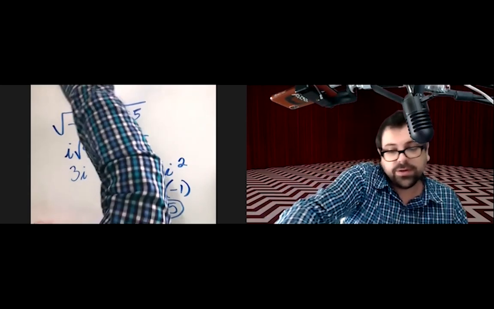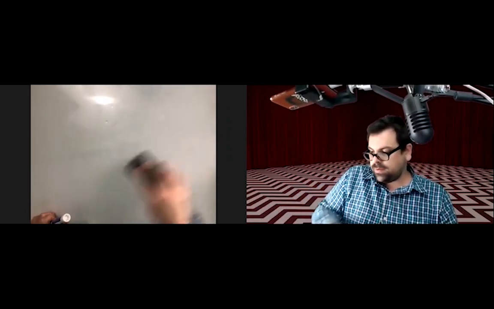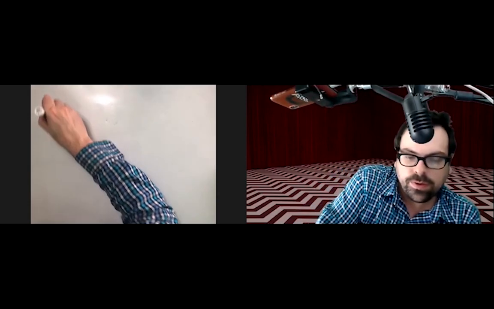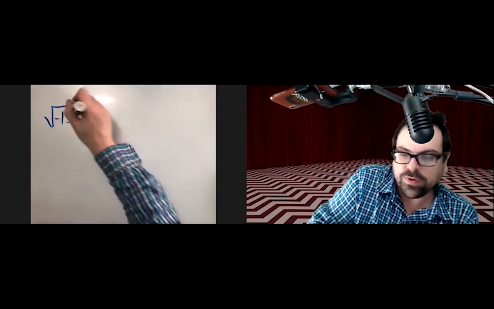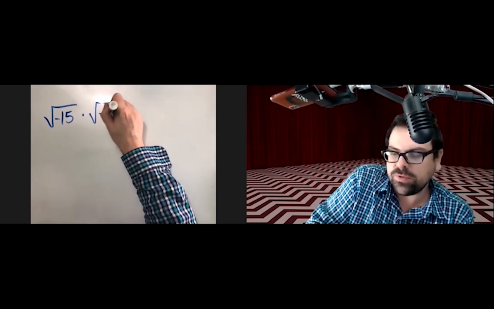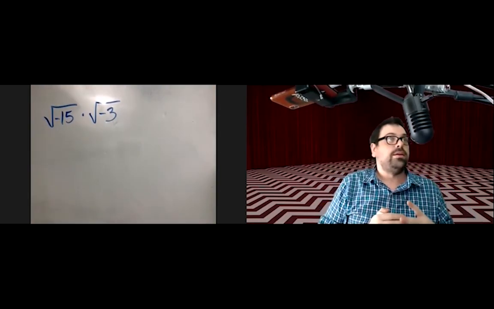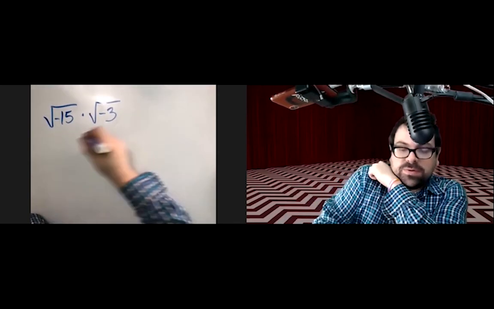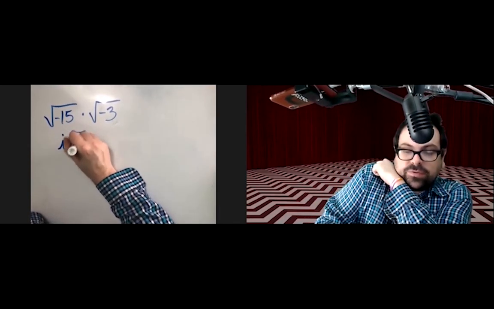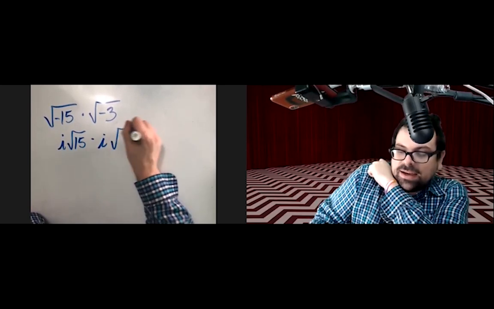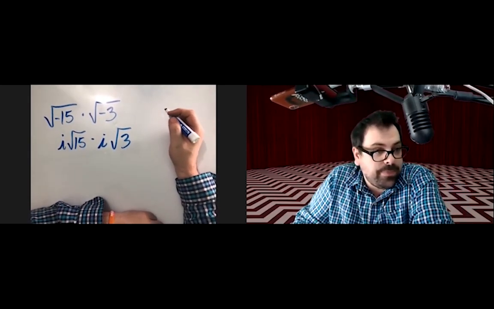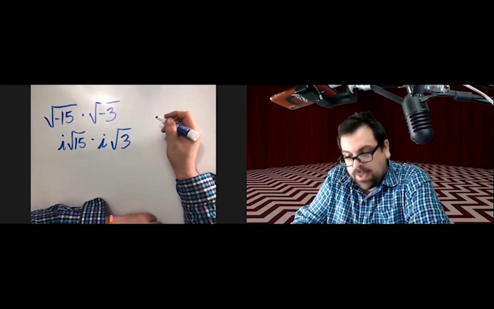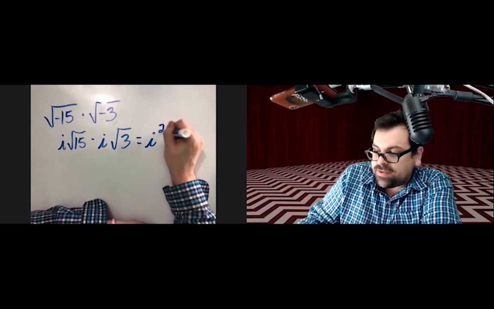Let's do another. Square root of negative 15 times the square root of negative 3. This would be i radical 15 times i radical 3. i times i is i squared.